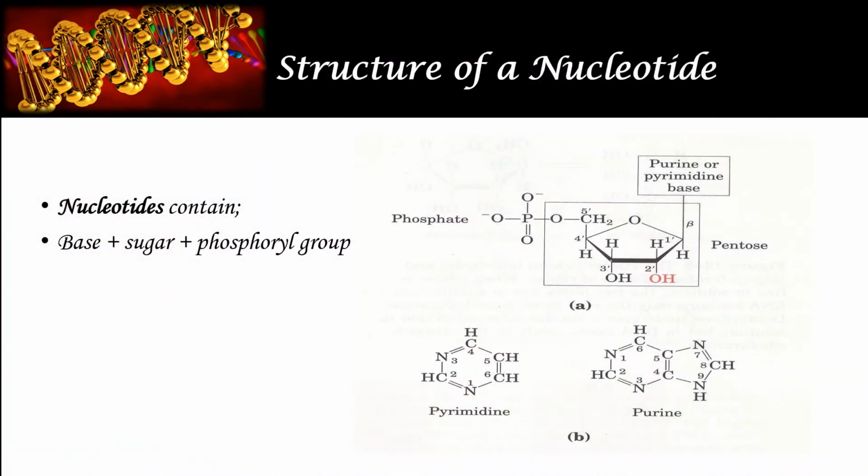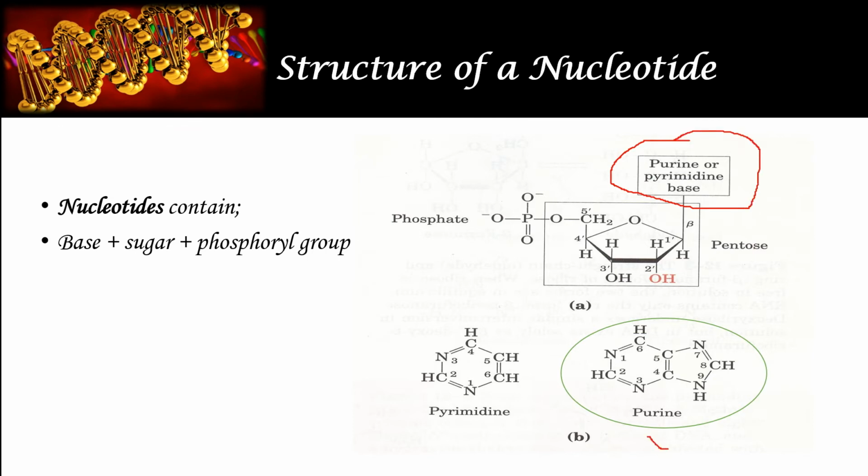I hope the video has given you brief information about what a nucleotide is and what it does in a cell. Now coming to the structure of a nucleotide, as discussed in the previous slides, nucleotides contain a purine ring or a pyrimidine base. Over here we have a purine or a pyrimidine base.